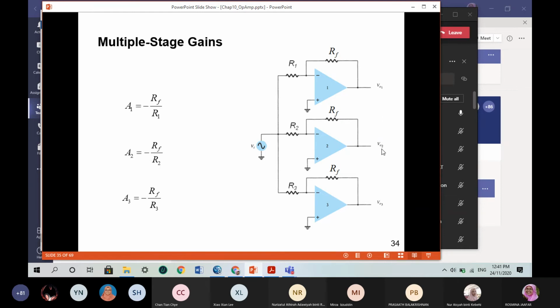VO2 will be a different gain. Unless you connect VO1 and VO2 to another amplifier, or maybe another amplifier here, then the overall total gain will be different. But for this one, there is no total gain here. You only have stage gains.